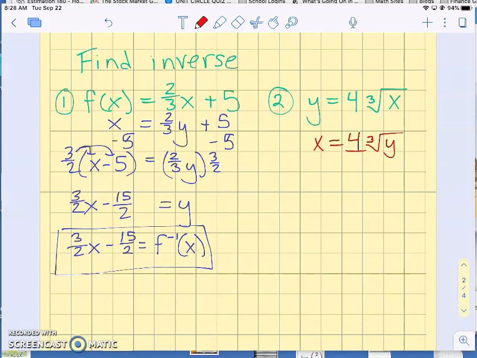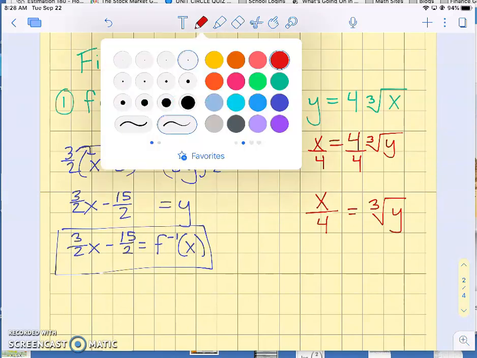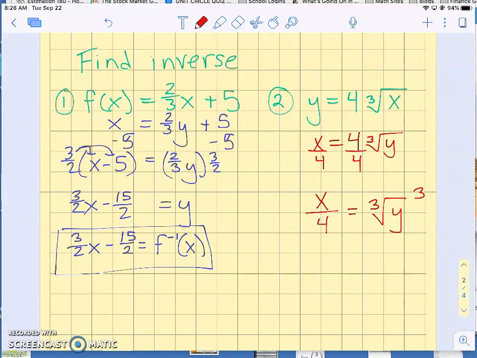So let's divide by 4. So we have x over 4 equals the cubed root of y. But then we've got to get rid of that cubed root. So to get rid of that cubed root, we raise it to the power of 3. So this whole thing to the power of 3.